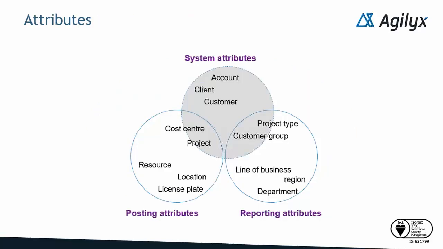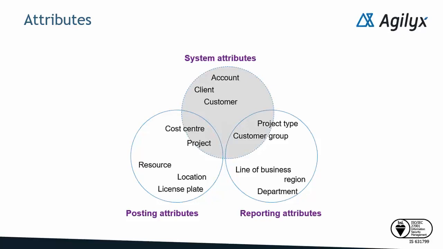So just going into all of these cornerstones briefly, what are attributes and what kind of attributes are there? Everything in Unit4 Business World is an attribute, everything. The kinds of attributes you have in Business World are system attributes, posting attributes, and reporting attributes. System attributes would be account, your supplier ID, your customer ID. There's obviously some overlap of system and reporting attributes and system and posting attributes, because cost centers you use in your posting analysis, and customer group you can report on.